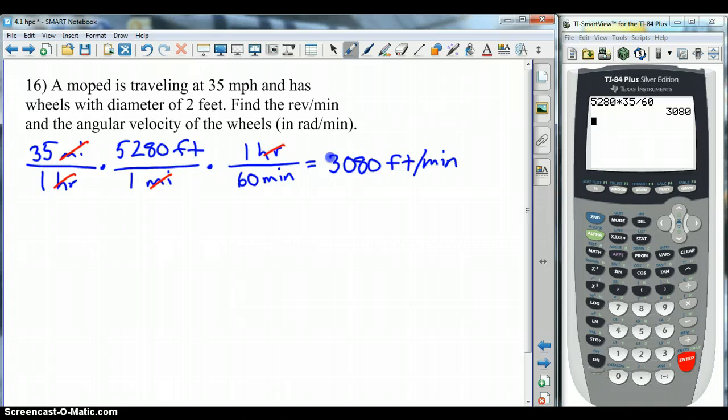To figure out how far the wheels are turning, we really need to know the circumference of the wheels, and we can do that by taking pi times the diameter of 2, and I'm just going to leave that as 2 pi then.